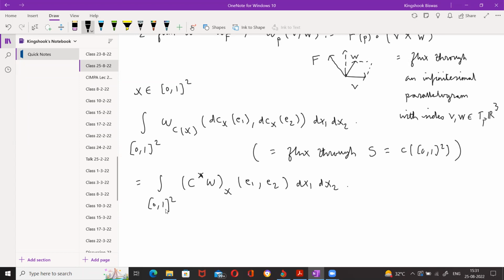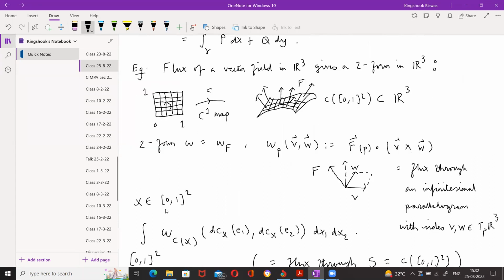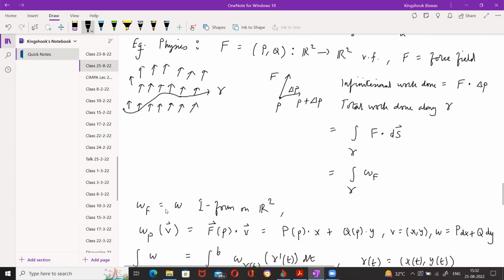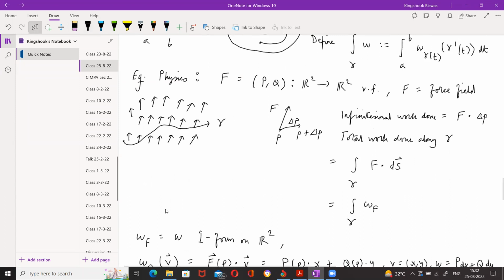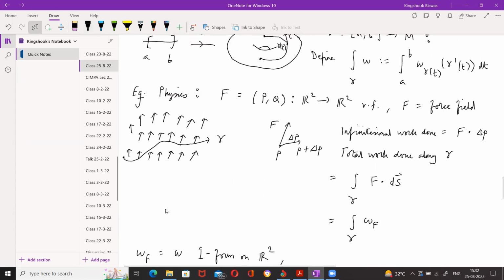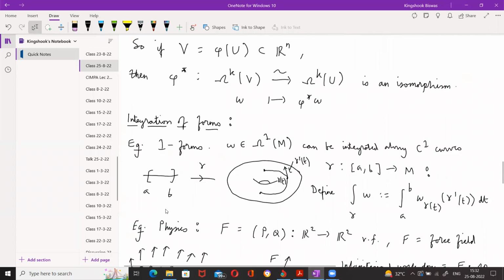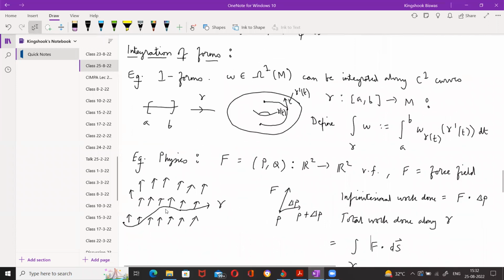Yes? Yes, sir. So if you go back to the earlier example, for a one-form, the integral of a one-form over a curve, I can also write as the integral from a to b of gamma star omega at the point t applied to e1 dt.